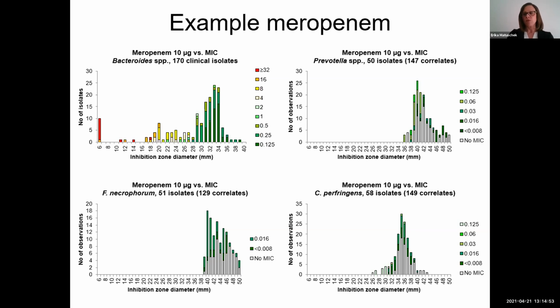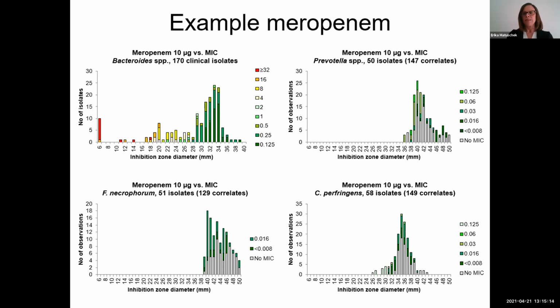For the other species, all isolates are susceptible to meropenem, but if you look at the lower right-hand part of the slide, you can see that, for example, for Clostridium perfringens, isolates with higher MICs are in the lower part of the wild type and just below the wild type distribution.